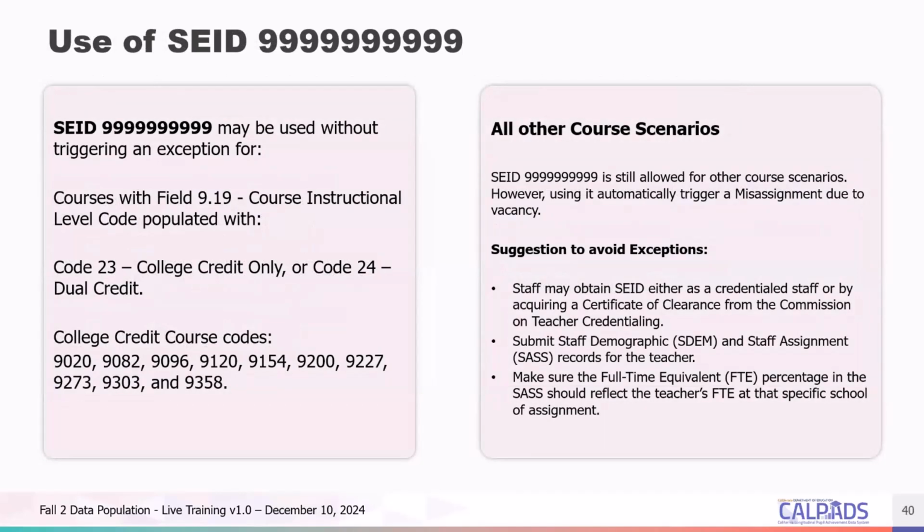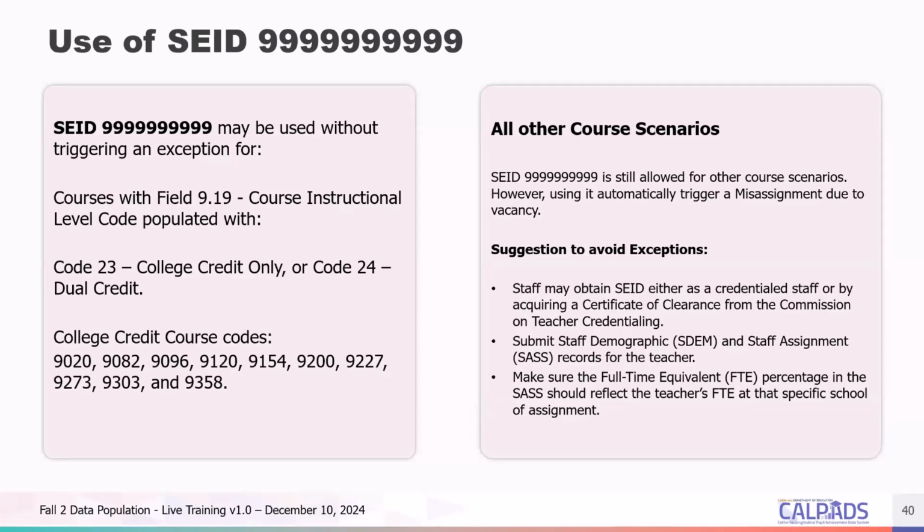And so that is one of the appropriate uses of a generic SEID of all nines in course section records in Fall 2. Using a generic SEID of all nines will generate a predetermined exception in CalSAS of a vacancy, and a vacancy equals a misassignment. So using a generic SEID of all nines will result in a misassignment.